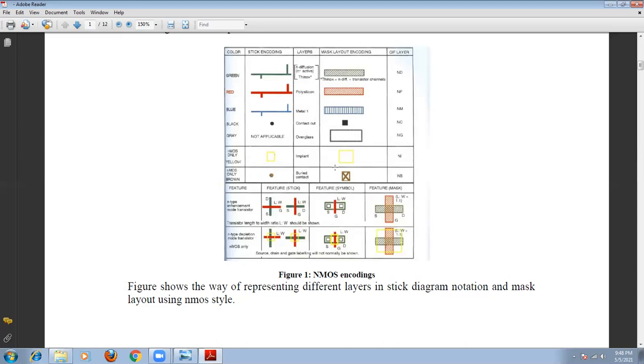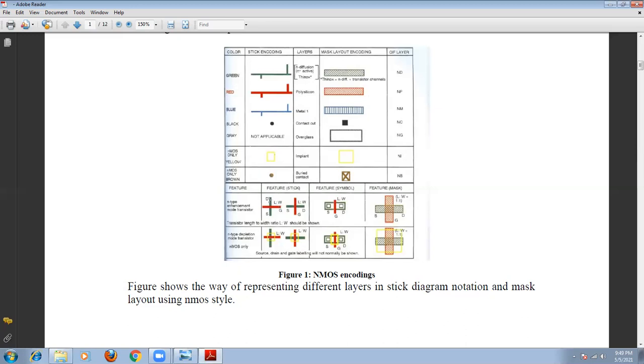To form a transistor, you need a gate terminal, which you identify by using polysilicon. Whenever a polysilicon crosses the diffusion layer, a transistor is formed. The color for polysilicon is red.